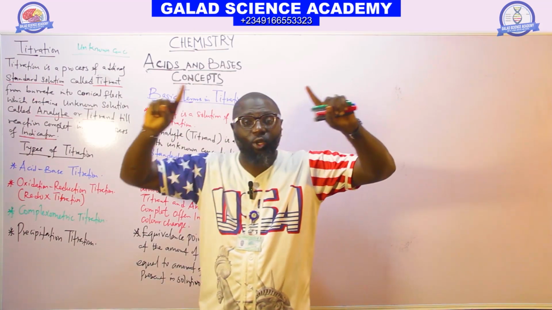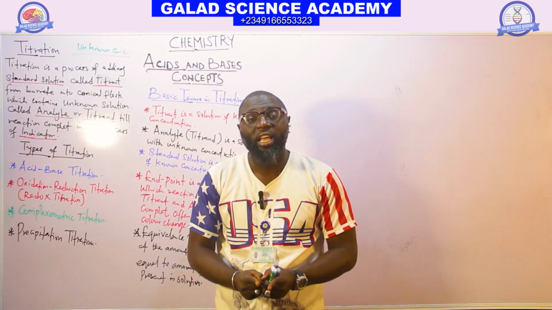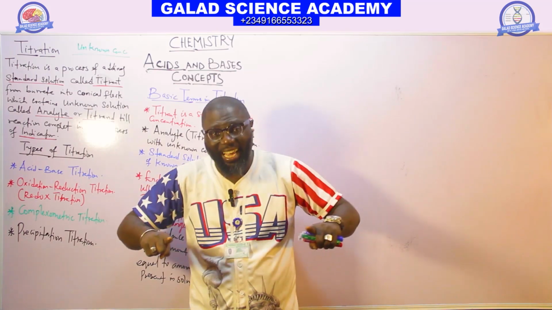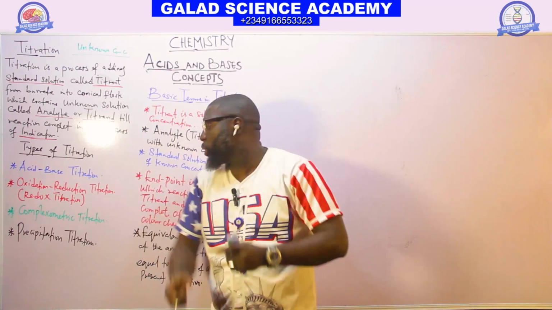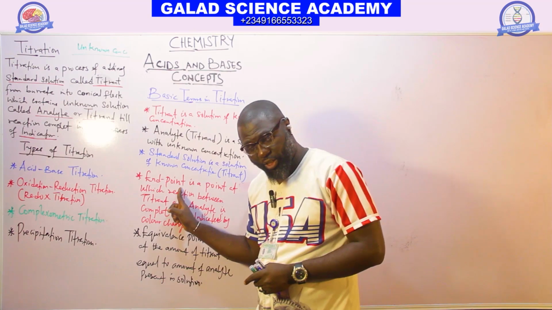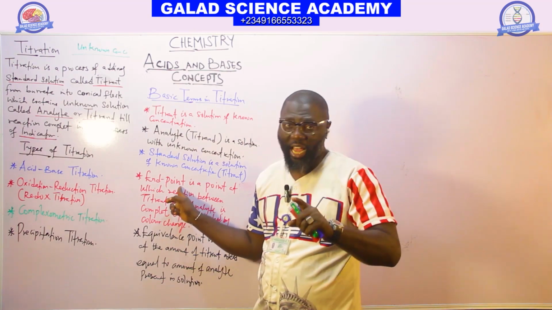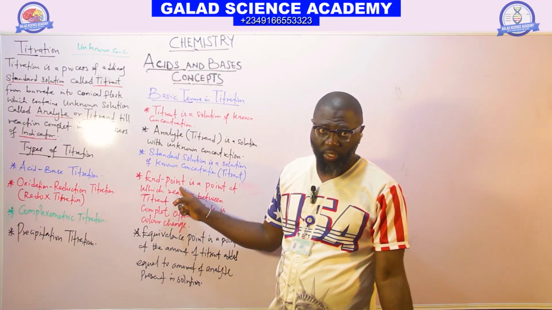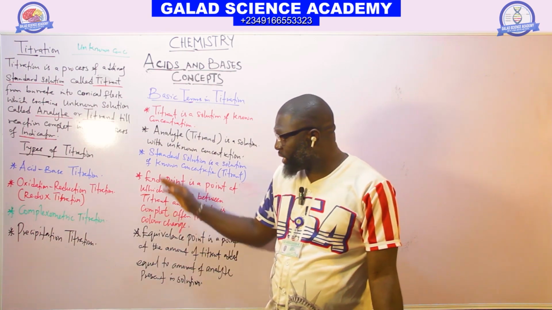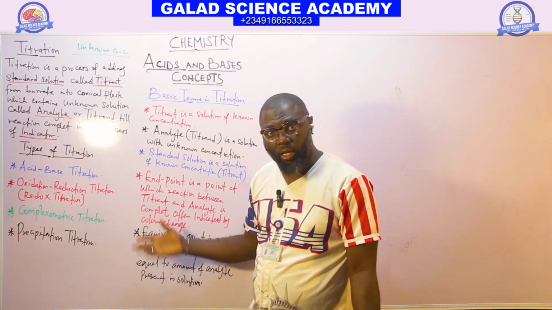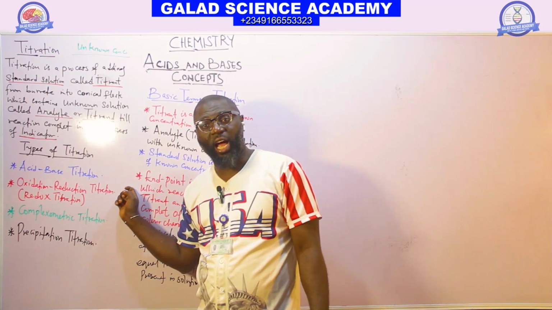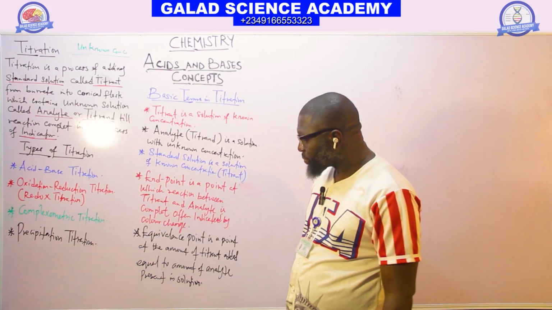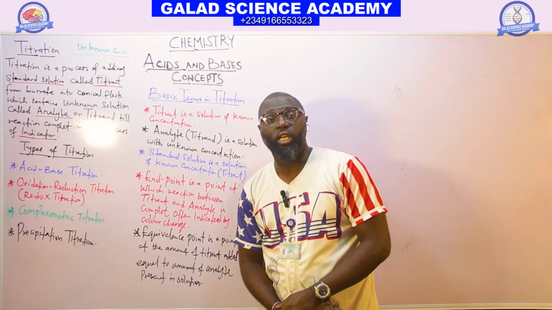But the point where the two of them completely react and the color of the solution changes, we call it end point. And the end point is the end of the titration. So don't be confused between the end point and the equivalent point.